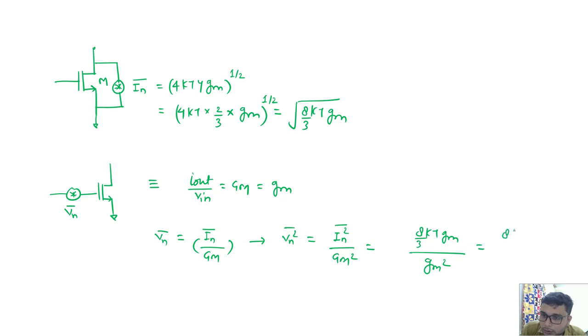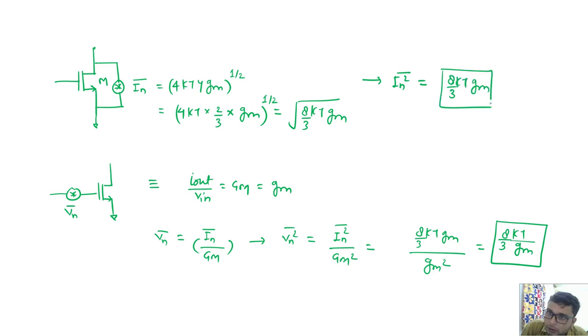So it will be 8 kT by 3 divided by GM. So this is the noise voltage at the input, the mean square value, that is the power. So these are the general values I will use throughout this discussion.